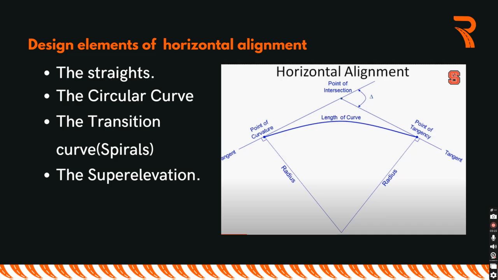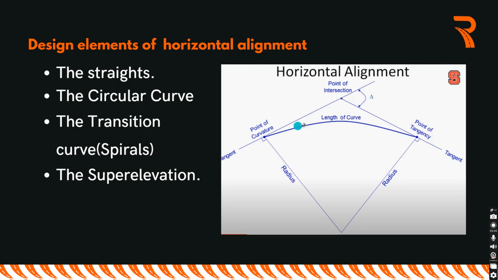We'll be seeing the importance of the transition in the next slide. For you to be able to draw these curves, you require tangents. Where these two tangents meet is called the point of intersection, and of course there is an angle of intersection at that point.